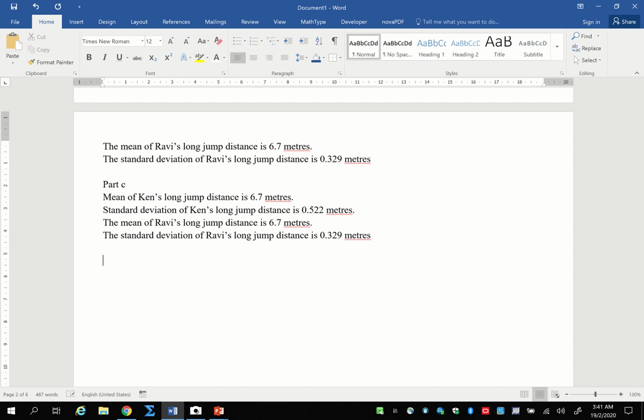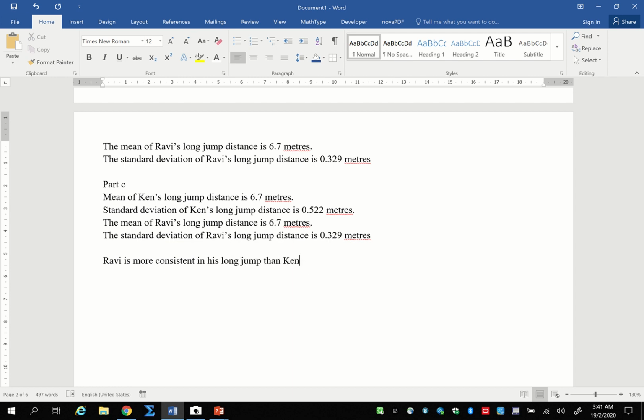But since we are talking about the differences, what we can see is that Ken's standard deviation, 0.522, is higher than the standard deviation of Ravi's long jump distance, which is 0.329. So because Ravi's standard deviation is smaller and Ken's is higher, we can conclude that Ravi is more consistent. So we write down: Ravi is more consistent in his long jump than Ken.